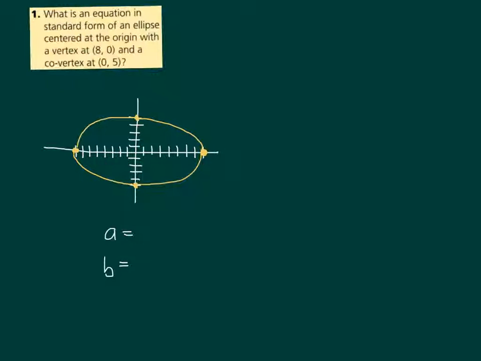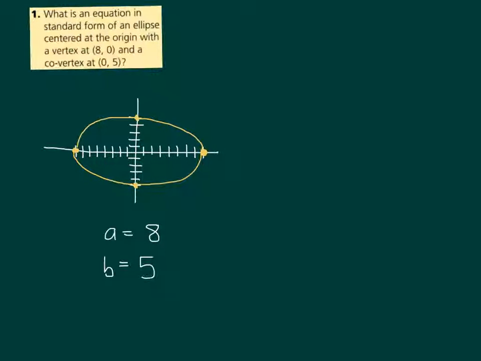So if you look at the formulas on the previous page, these are the 2 points they give us, vertex and co-vertex. We have 8 and 5. One of those numbers is A, one of those numbers is B. Which means A must be 8 and B must be 5, because if you look at the formulas on the last page, A is always the bigger of the two.